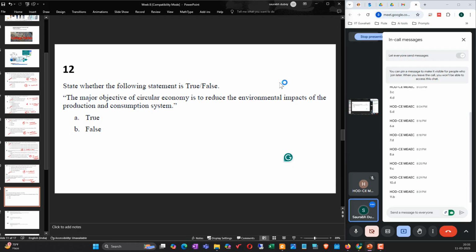The major objective of the circular economy is to reduce the environmental impact of production and consumption system. So option A is true, option B is false. So here I attempted this option A, which is true.